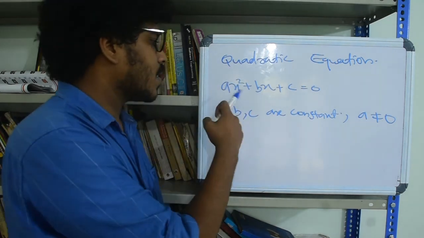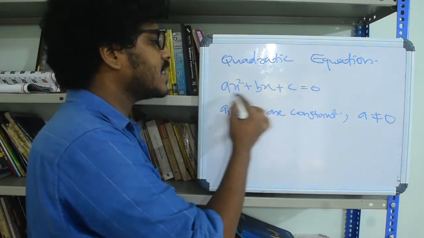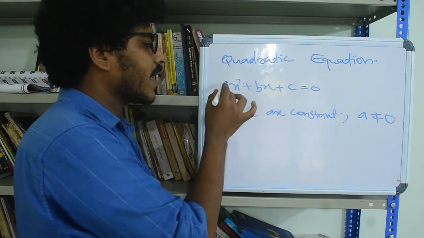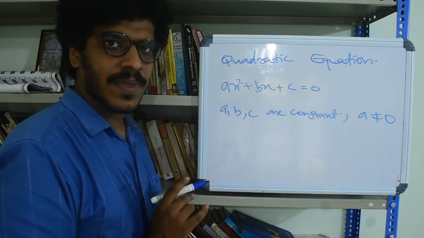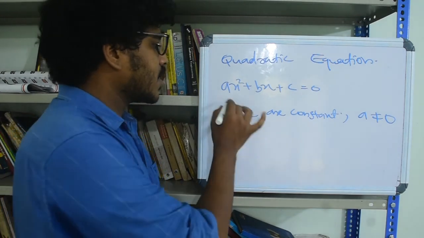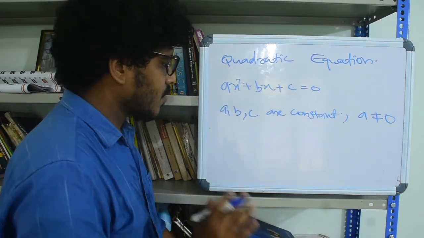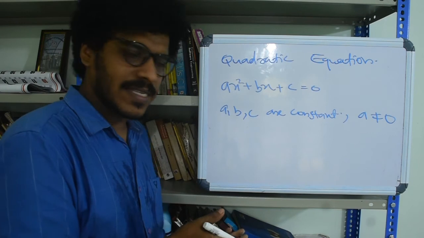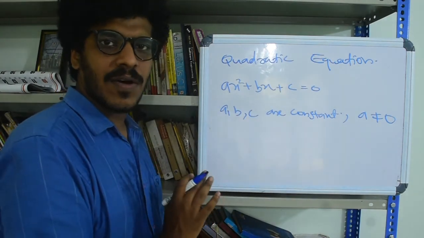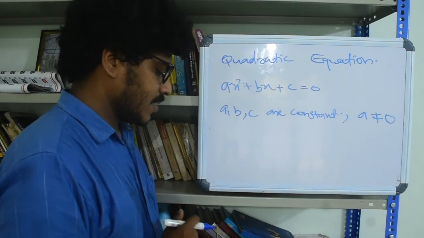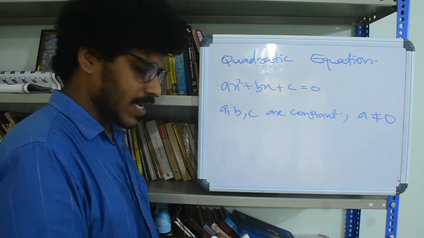So to retain this equation with power 2, a has to be non-zero. So an equation of the form ax square plus bx plus c equal to 0 with a, b and c being constants and a non-zero is called a quadratic equation. And we know better ways to solve quadratic equations.